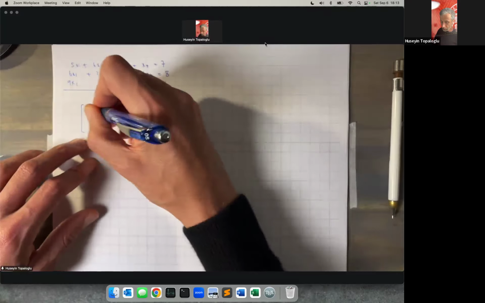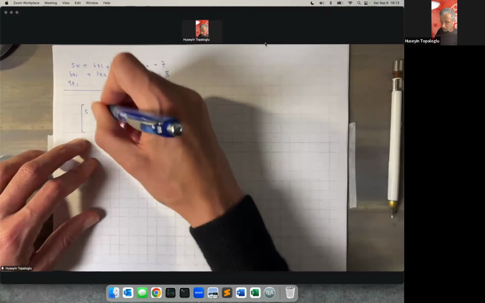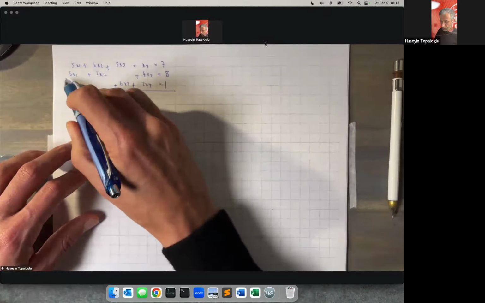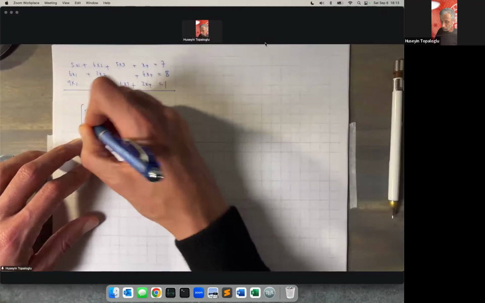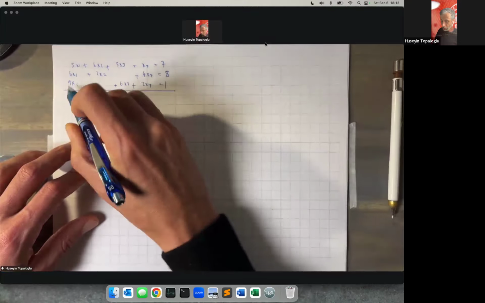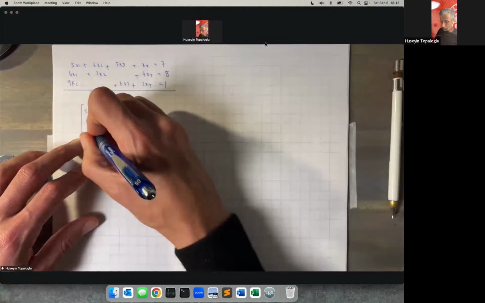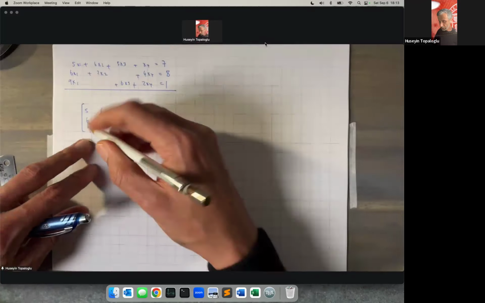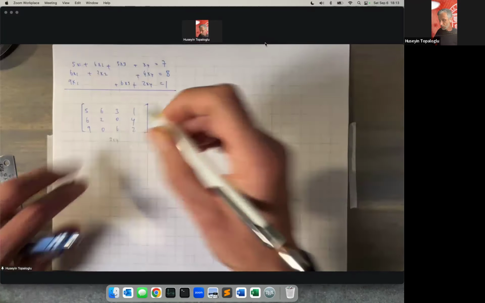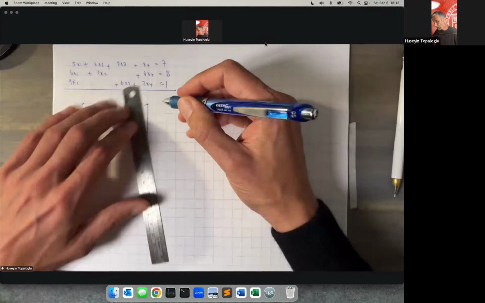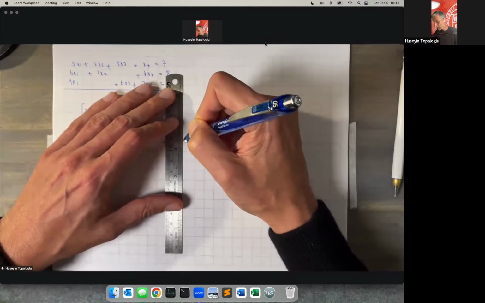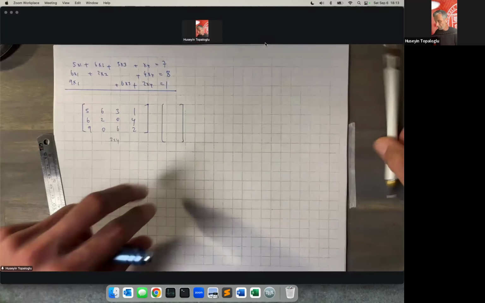And put the coefficients of our variables in this matrix. 5, 6, 3, 1, 6, 2, 0, 4, 9, 0, 6, 2. Okay, so this is a 3 by 4 matrix. And put our decision variables in another matrix. And the size of that matrix is going to be 4 by 1.